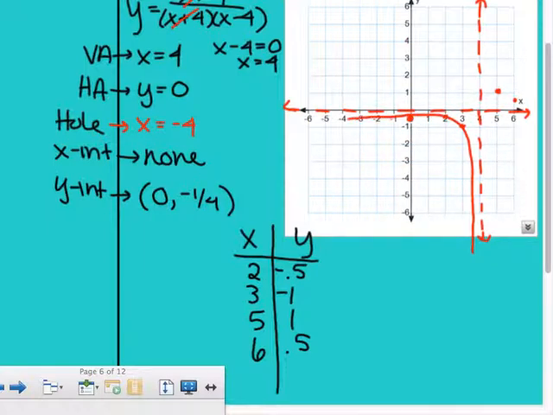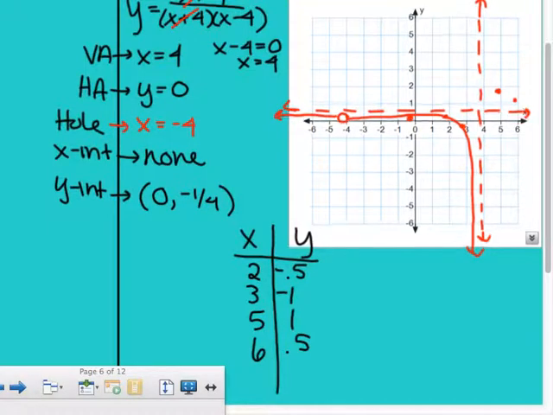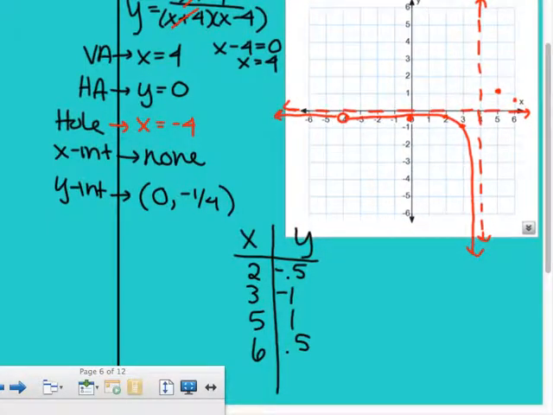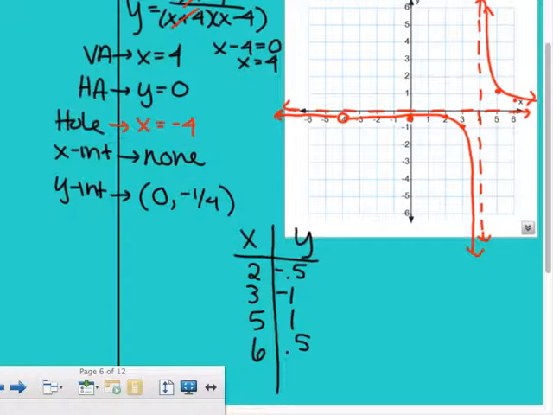Stop when you get to x = -4. We don't exist there, so you're literally going to draw a hole in and then have your graph keep going. And then you'll have a branch at the top right too. Okay, so that's what a hole looks like on the graph. It's just an open circle. We're saying we don't exist at that point.